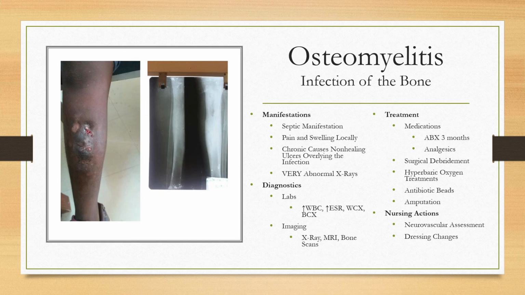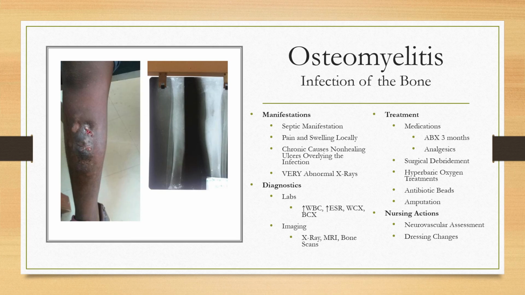The ESR, which is erythrocyte sedimentation rate, is a marker of inflammation and will be elevated. So we use those inflammation markers such as ESR and CRP, and an elevated white blood cell count, to alert us to potential osteomyelitis.